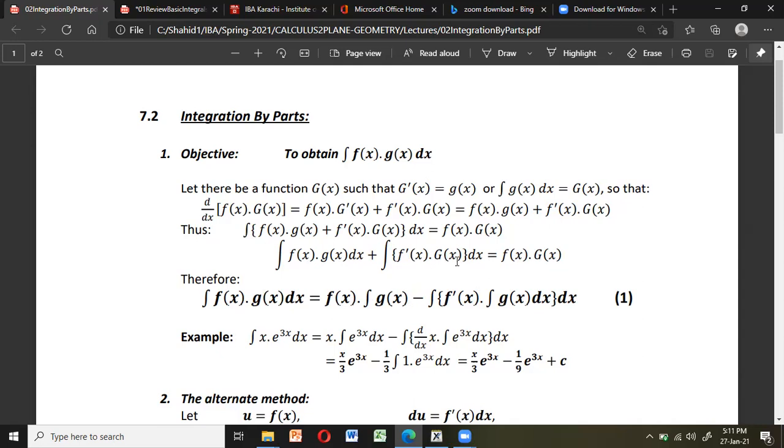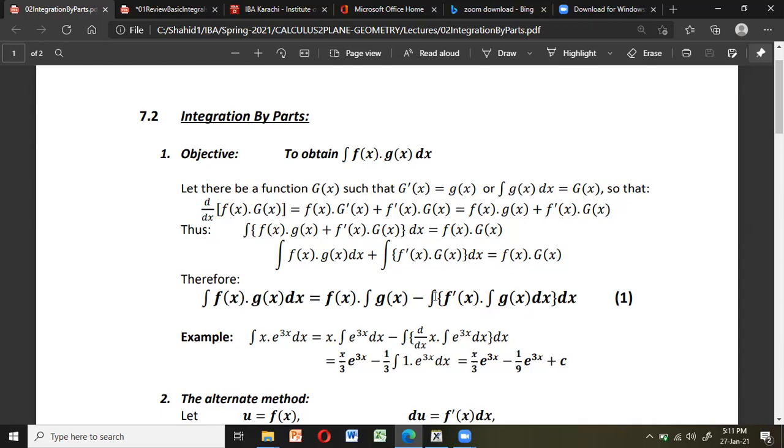Integral of the product of two things. One is the derivative of the first function from the objective. Second, capital G is nothing but the integral of the second function. So in this term, we have the derivative of the first function and the integral of the second function multiplied together. Whatever is the result, then we integrate that.